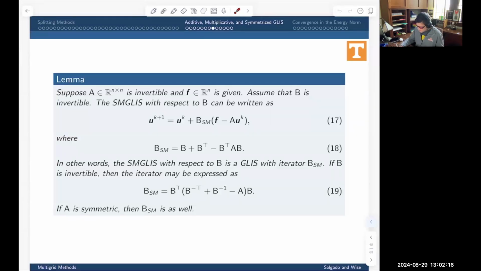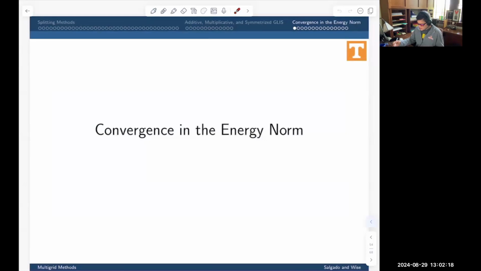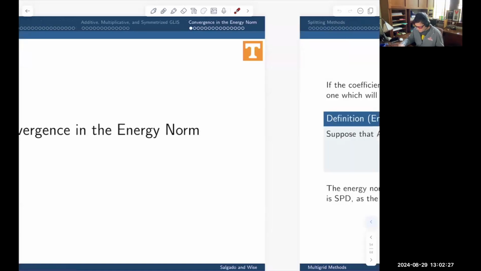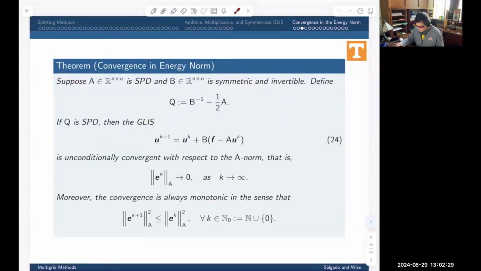So last time we were talking about the convergence in the energy norm. We got through one of the results and now we want to talk about a couple of other things as well. So the result that we did prove was this one.